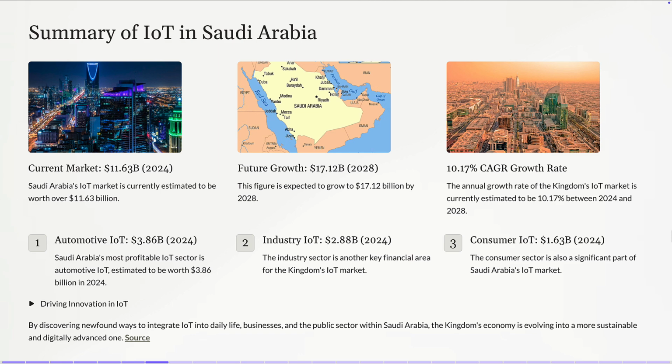This is the biggest company currently in IoT in the Saudi market. And there are different types of sectors. The automotive sector is taking about $3 billion, the industrial IoT $2 billion, and the consumer IoT $1 billion in 2024.